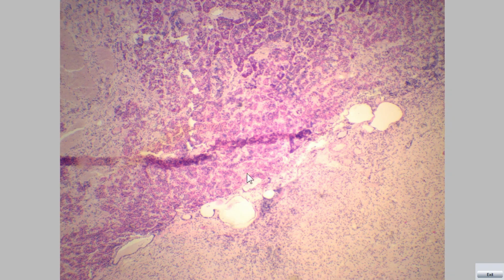This is pars intermedia, a thin region with rounded follicles or cysts filled with colloid. This is pars distalis, pars intermedia, pars nervosa.